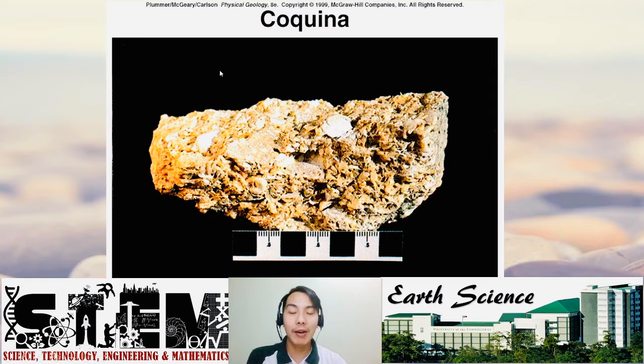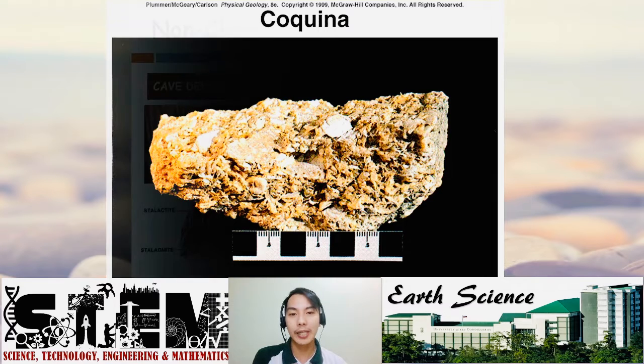In this example, we have coquina. You can see there are very small seashells, and other sediments compacted together. That is still classified as a sedimentary rock.